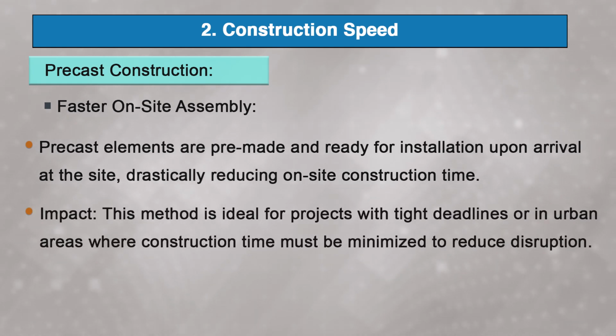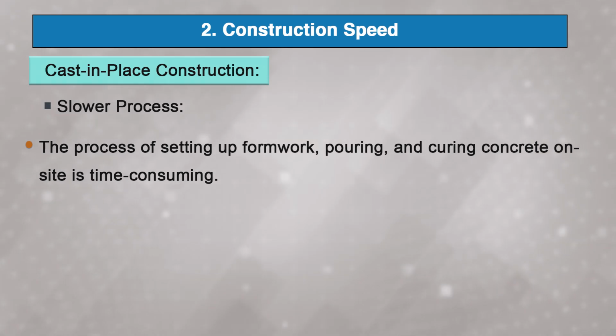This method is ideal for projects with tight deadlines or in urban areas where construction time must be minimized to reduce disruption. For example, in a large scale commercial project, entire floors can be assembled in days rather than weeks using precast slabs and columns. Whereas cast in place construction is a slower process.